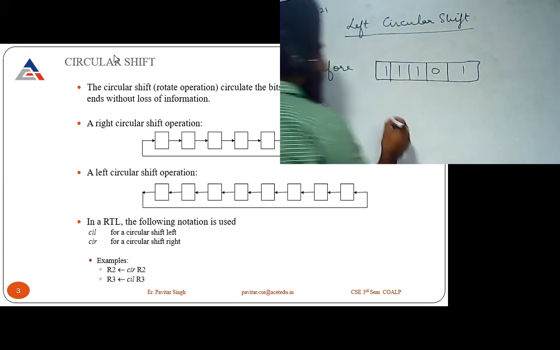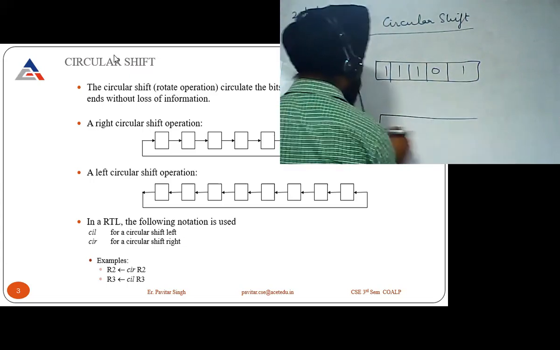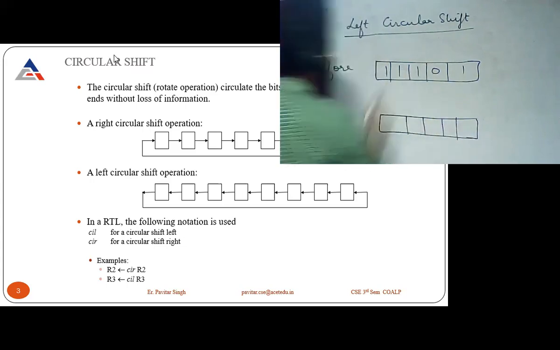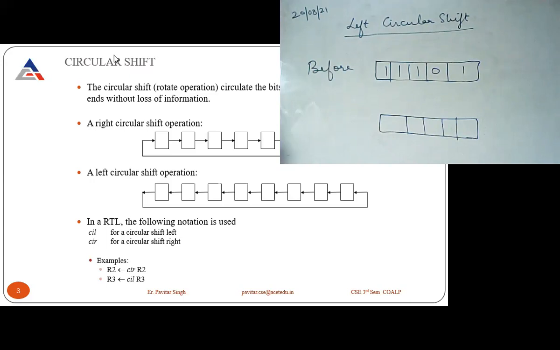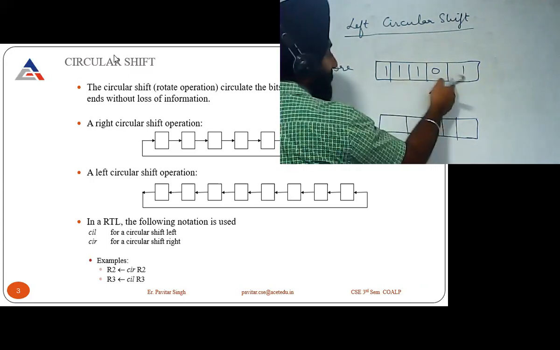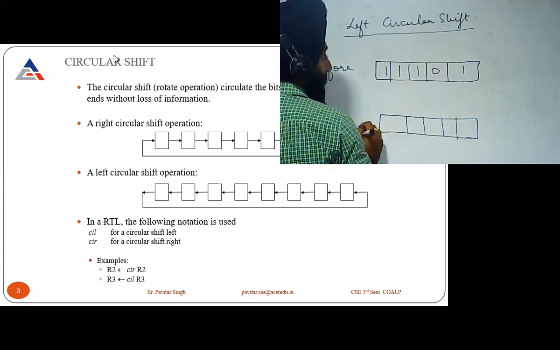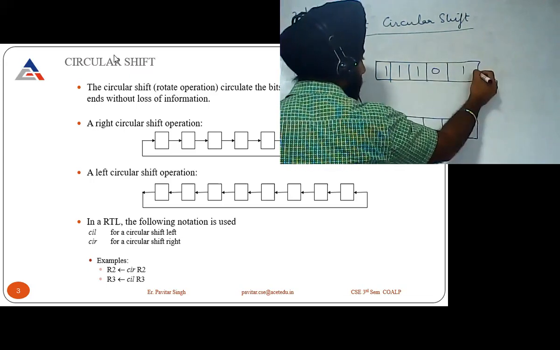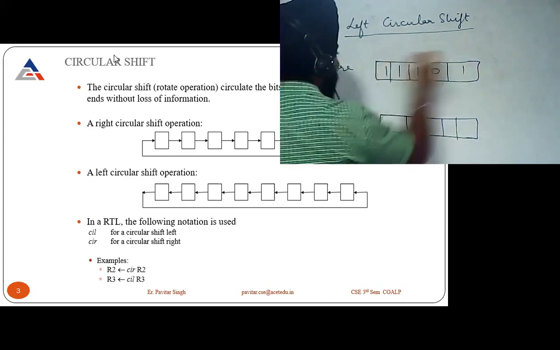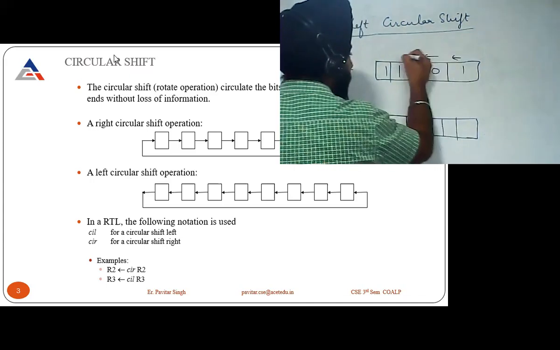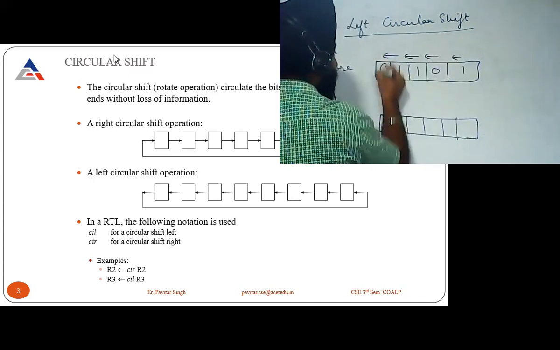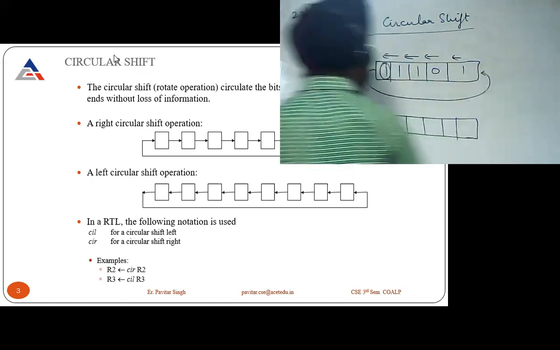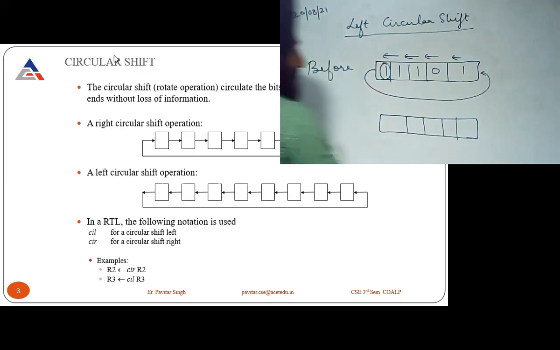You can take any example of your choice. After performing this, because this is your left circular shift, all the values will be shifted to the left hand side, right? All the bits will be shifted to the left hand side, and the first bit will take the last position. So let's see.